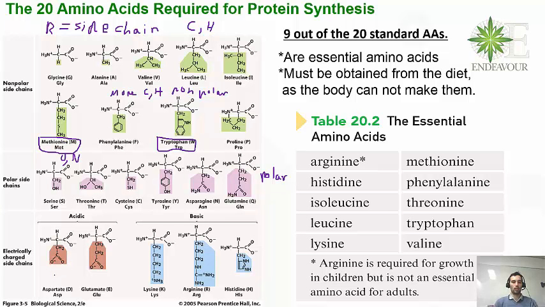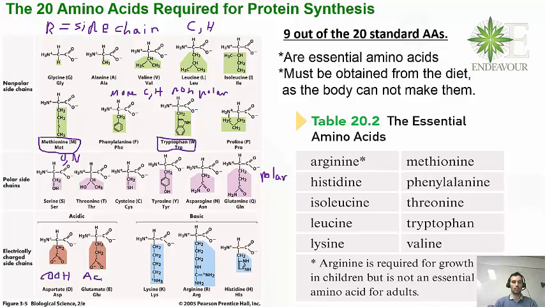So down the bottom here we have our acidic and basic amino acids. So two of our amino acids have the possibility of performing as acids. So we can see they both contain our carboxyl group. So remember, the carboxyl group was one of our functional groups within the backbone, but if we actually have this carboxylic acid group as a part of the R group, this actually makes us acidic as an amino acid.